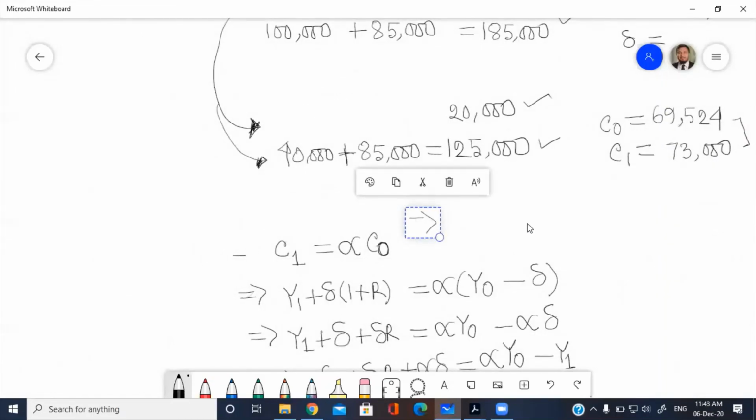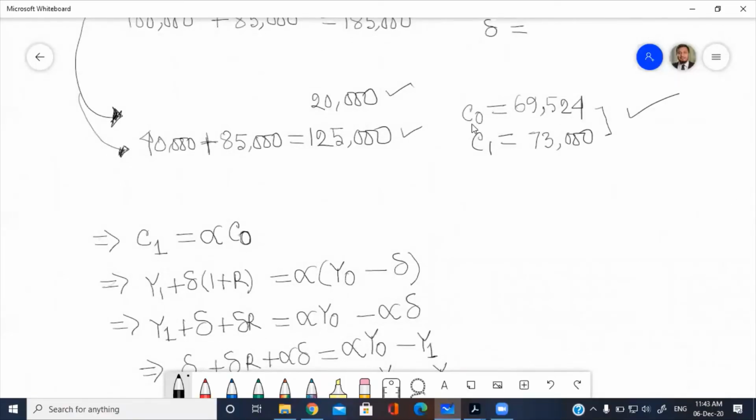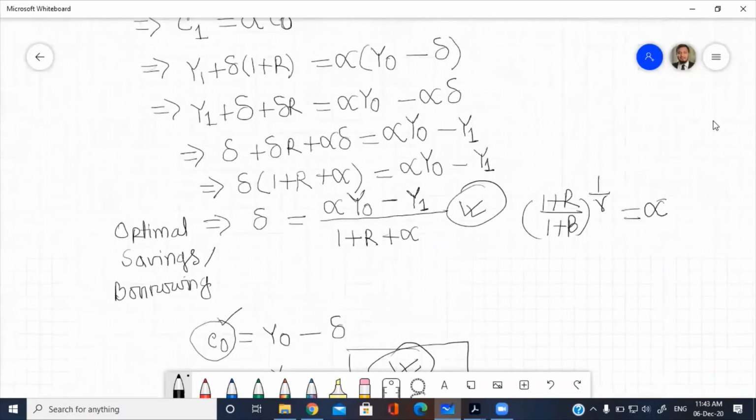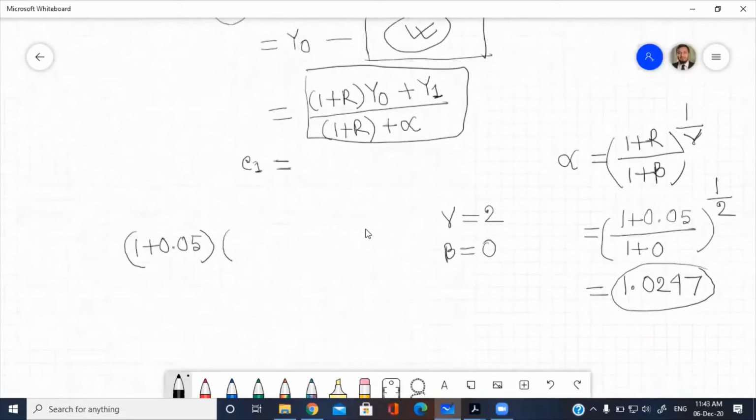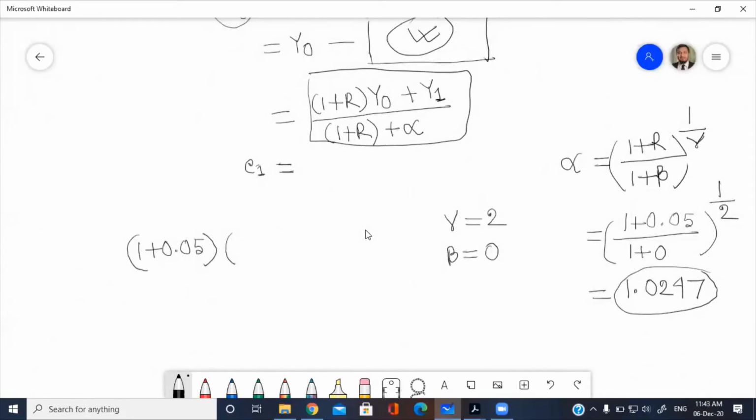Okay, I'm just trying to show you. Here it is. 20,000 is current and 125,000 is future. What we are doing here, we are replacing this equation with the information given. It should be 20,000.